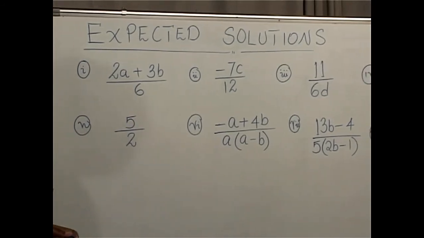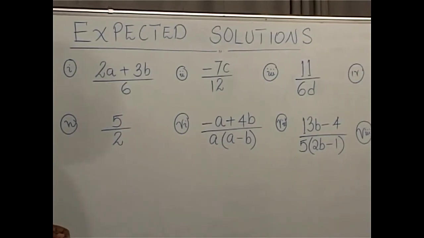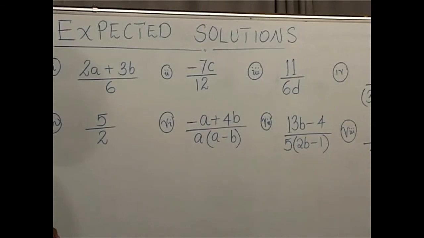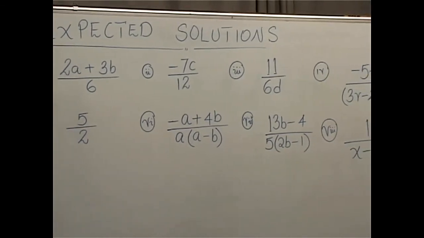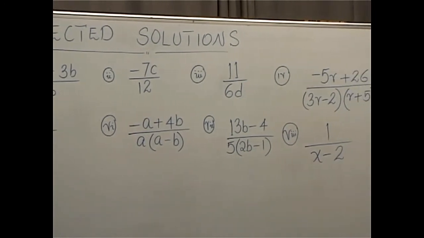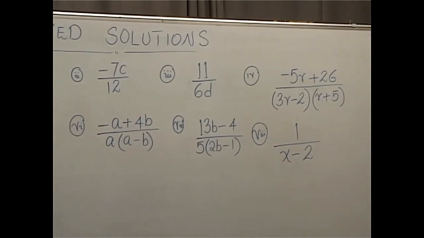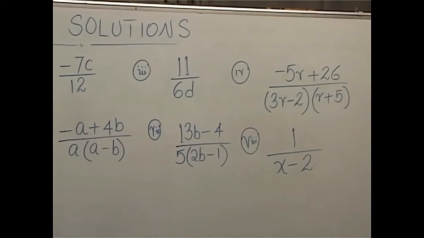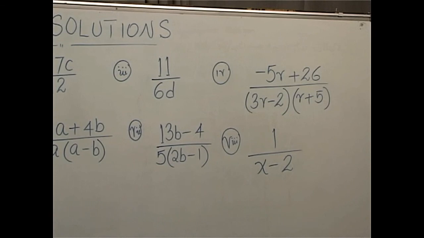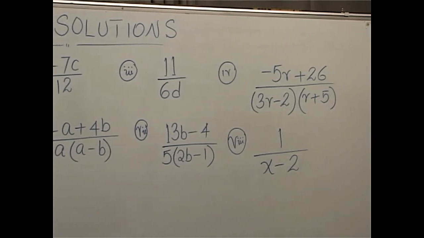The second one, negative 7c over 12. The third one, 11 over 6d. The fourth one, negative 5r plus 26 over the product of 3r minus 2 and r plus 5.